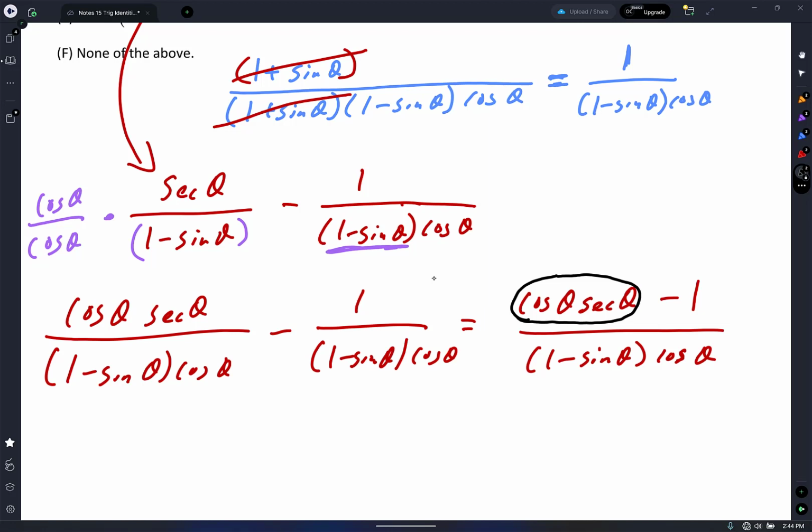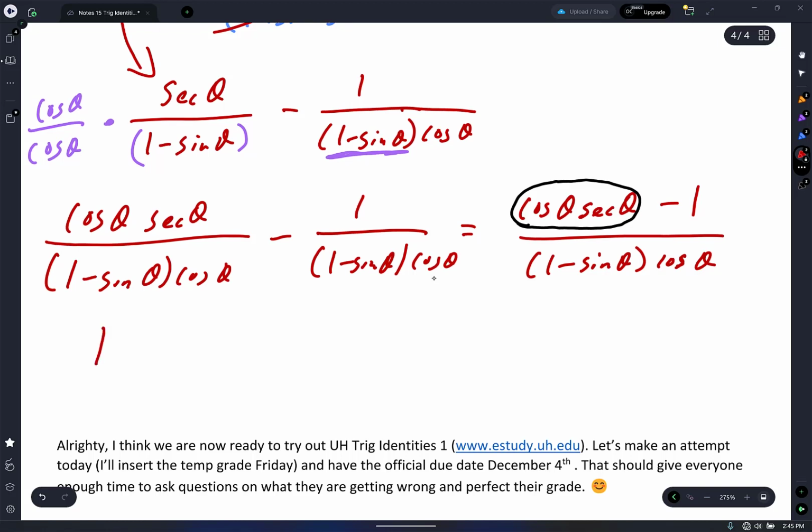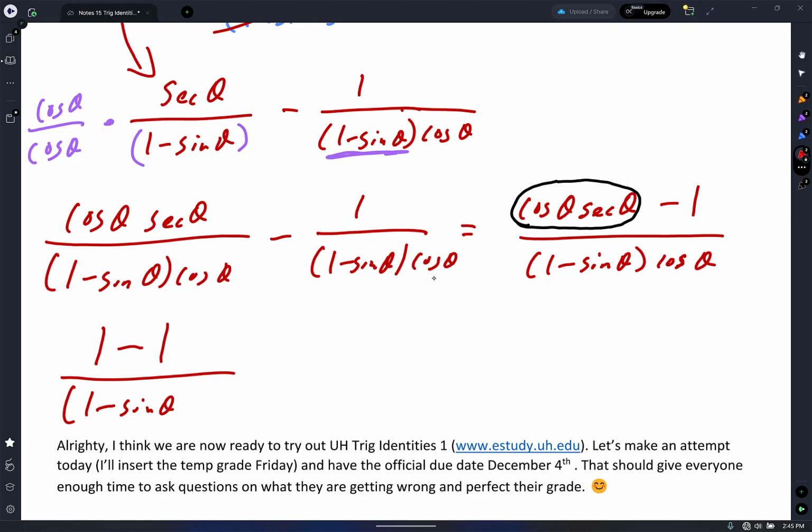So anytime you multiply by your reciprocal, you just get 1. You can write it as cosine theta times 1 over cosine if you want, but that's just 1. So I have 1 minus 1 in the numerator over 1 minus sine theta cosine theta. What's 1 minus 1? 0, over 1 minus sine theta cosine theta. What's 0 divided by anything? 0.